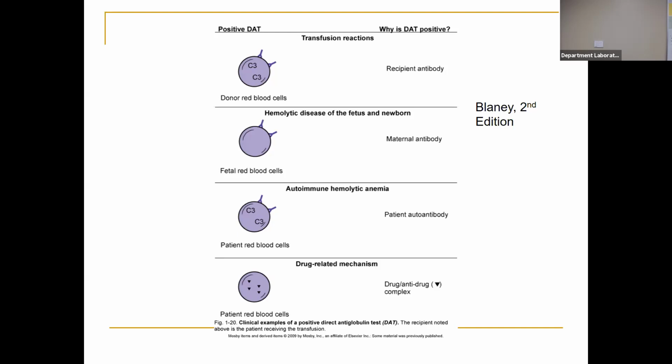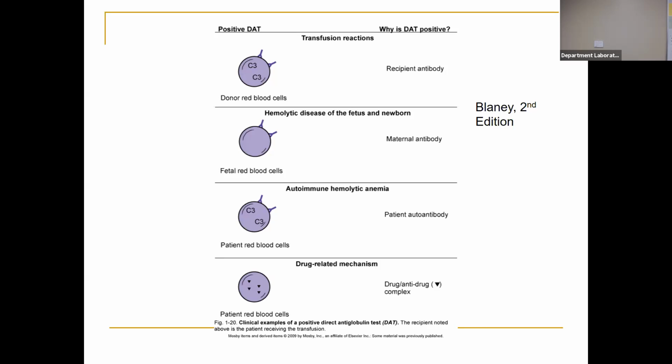Complement is not on those cells, so the complement that might be in your patient eluate or plasma will not react with our panel cells, so it's going to be all negative. Doesn't help us in identifying. So typically, if we have a positive DAT due to complement, that's really as far as we can report it.